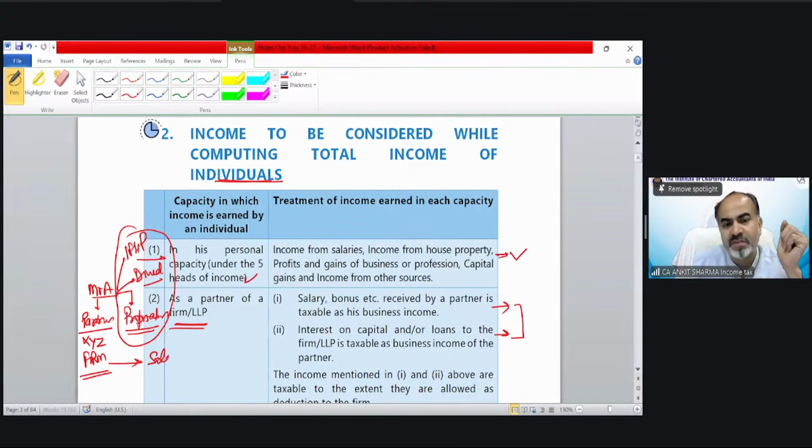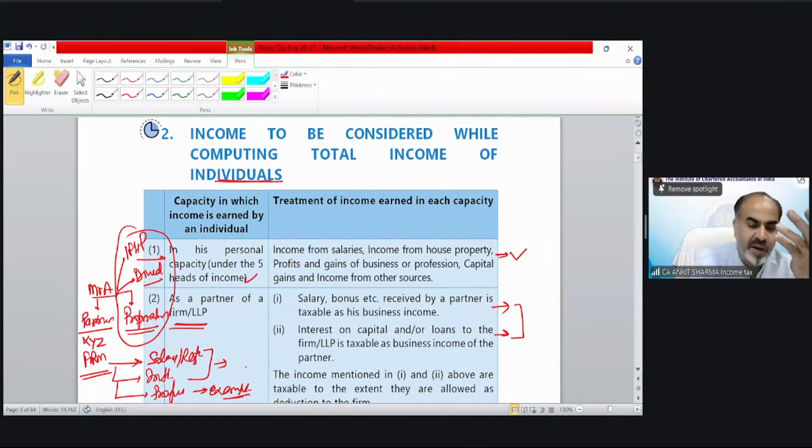Generally, he will receive salary, remuneration, fees, bonus, commission, etc., and interest and profit from partnership. So these 2 would be part of his taxable total income, and profit is going to be exempt because on this profit, the partnership firm has already paid tax.